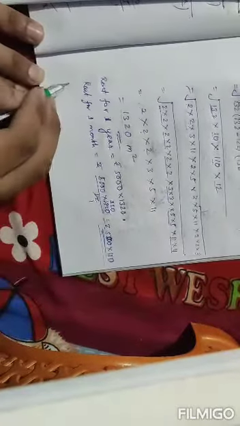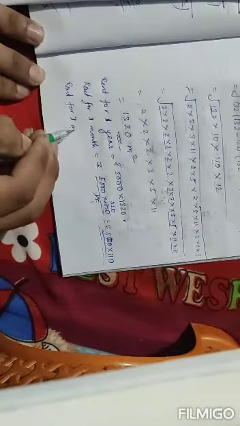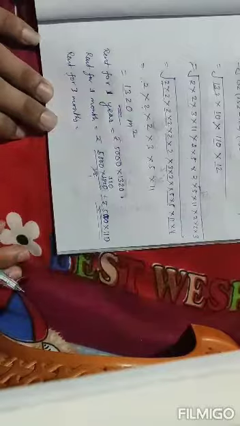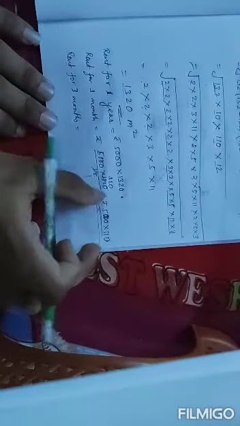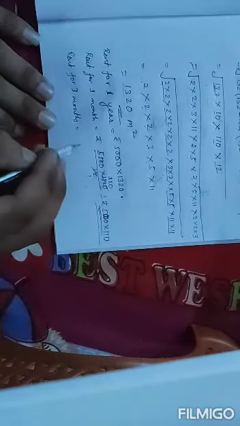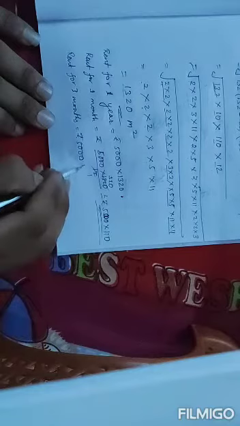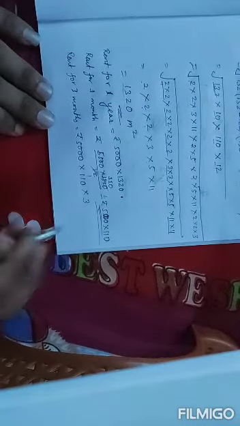So rent for 3 months will be how much? For 3 months it will be this into 3, isn't it? So it is rupees 5,000 into 110 into 3.